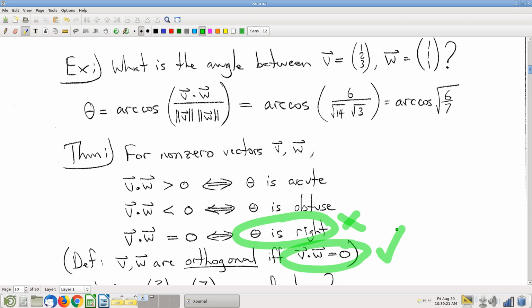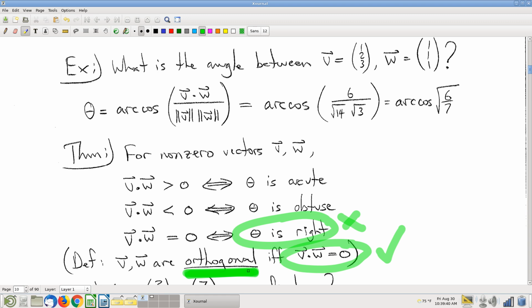So in such a case, who cares about the angle? I don't need to know the angle. I need to know if the dot product is zero. And then orthogonal is not sweeping ideas under the rug, it is going to exactly what you want.